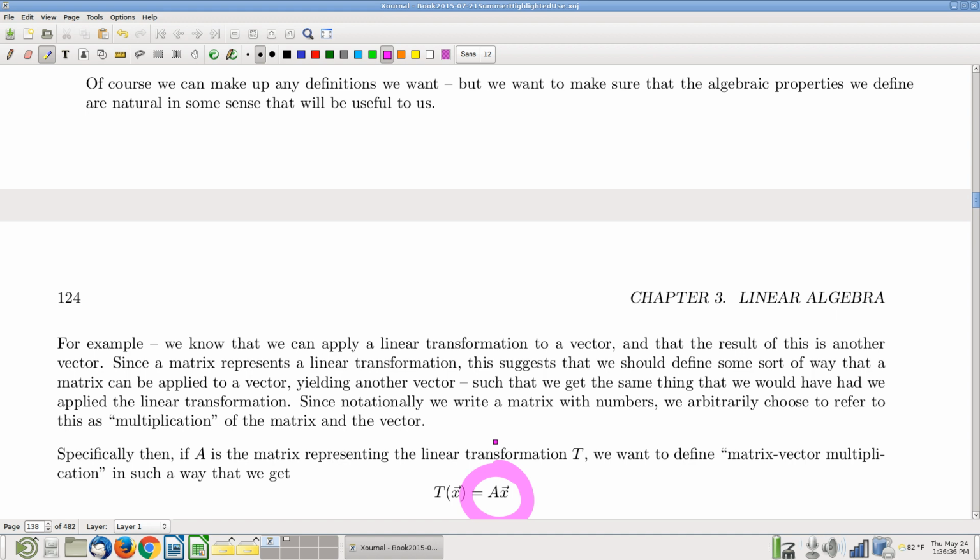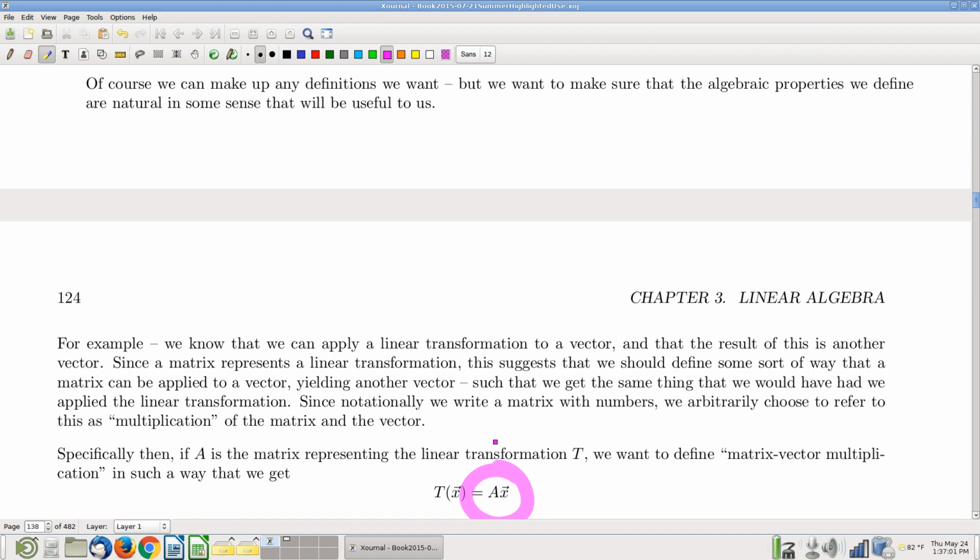In what way would this be natural? What's a reasonable choice to make if I'm going to multiply a matrix times a vector? And you just got to go back to first principles and say, well, wait a second, what are these things? What do these represent? How should they interact? Right? And then go from there. Well, don't forget what a matrix is. This matrix A is just a shorthand. By itself, it's just numbers, right?